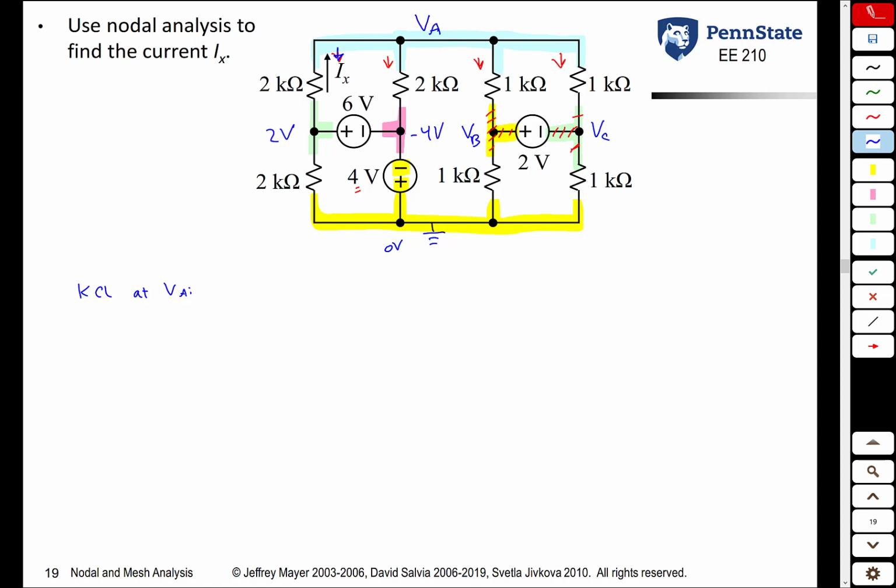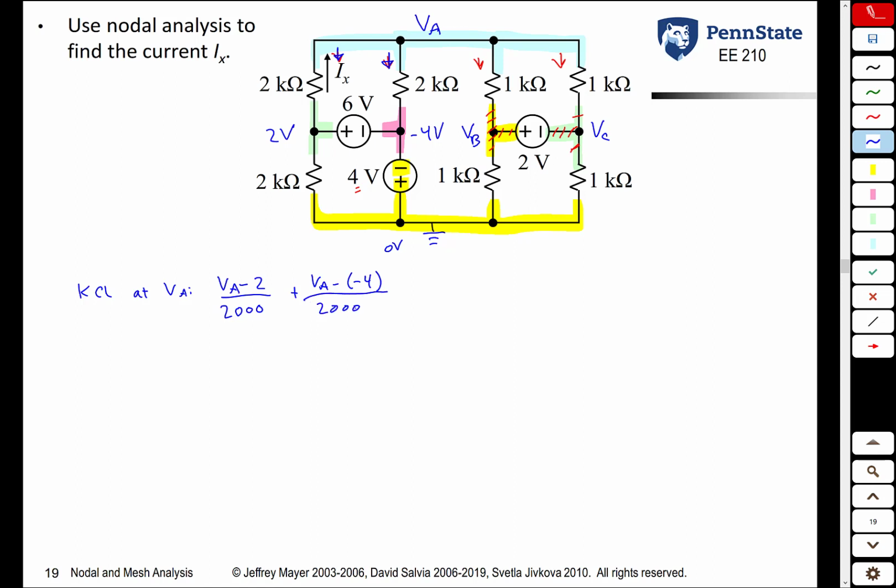current through this leftmost 2 kilo ohm resistor is the voltage at the coming from point VA minus the voltage at the going to point, 2 volts, divided by its resistance, 2000 ohms. No problem there. Current through this 2 kilo ohm resistor is VA minus negative 4. You got to be careful about that. Divided by its resistance, 2 kilo ohms.